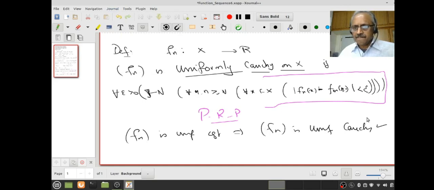I want to know whether I can prove f_n is uniformly convergent. Remember, if it is uniformly convergent, there is a problem: I have to find the limit function f. After that I have to prove f_n converges to f uniformly. You understand that?